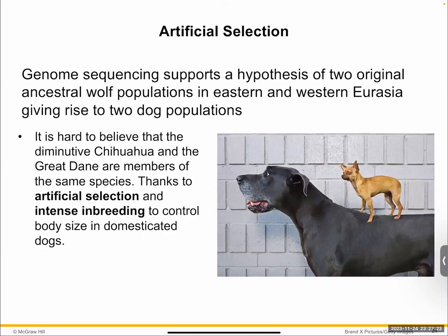For instance, here is a picture of a Great Dane with a Chihuahua. Both of these come from the same species.